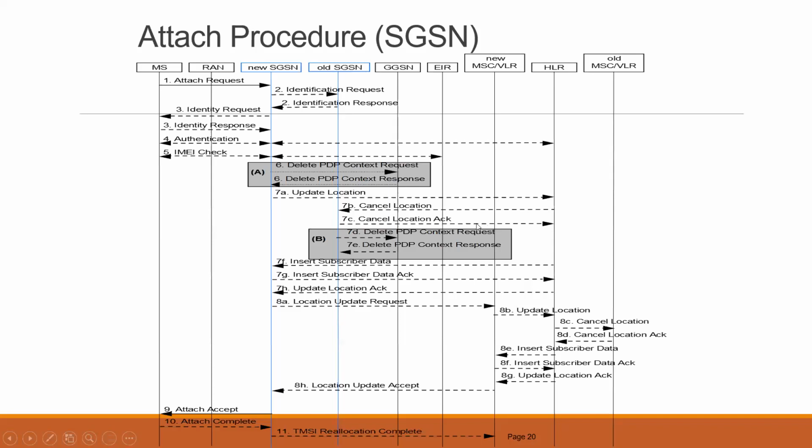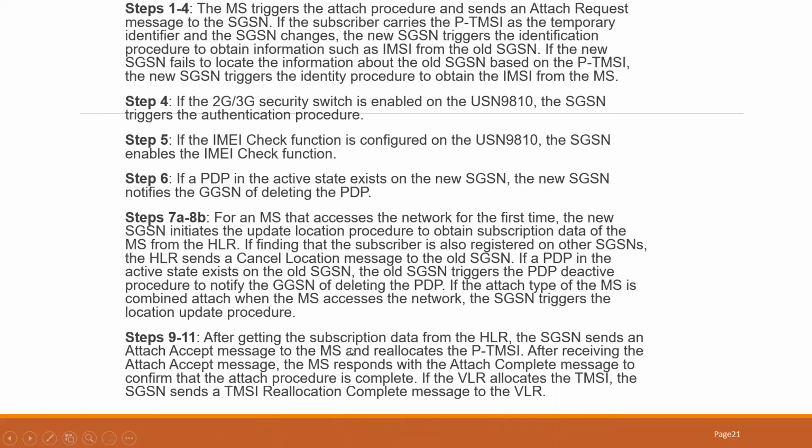Then you have your update location, and based on that you will get a cancel location to the old SGSN, cancel acknowledgement, insert subscription information in the HLR, and then you update the location in the HLR as well. Okay, and then you have location update accept, attach accept, and an attach complete message.